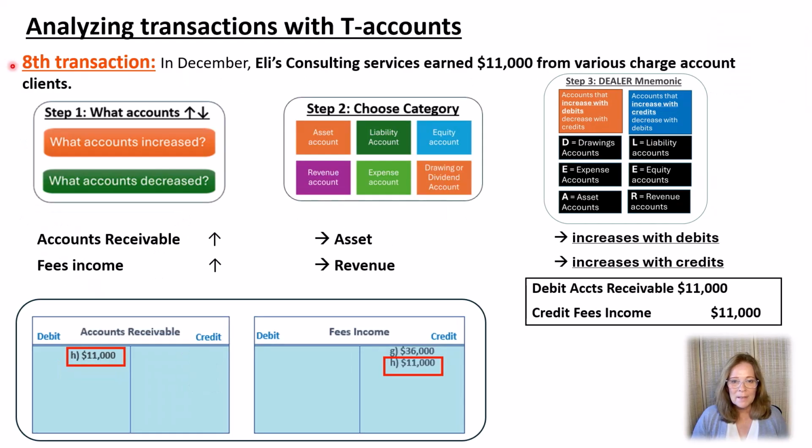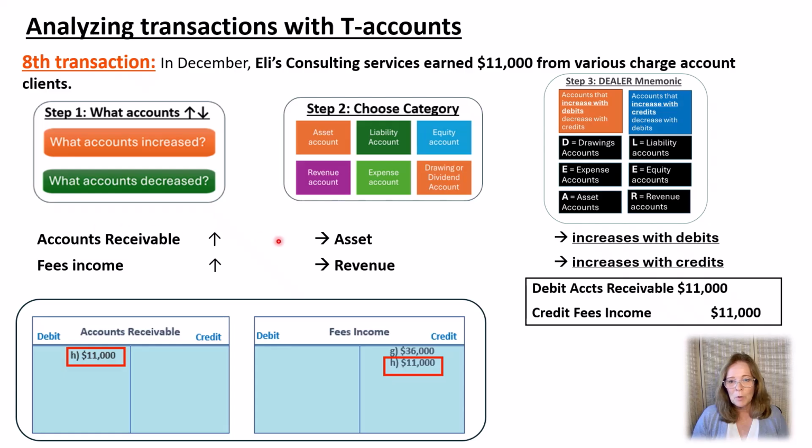In the 8th transaction for Eli's consulting services, the business earned $11,000 in revenue from various charge account clients. When we analyzed this transaction using the accounting equation, we said that the business's customers now owed money to the business. We call that an accounts receivable because these are accounts that the business will receive money from in the near future.